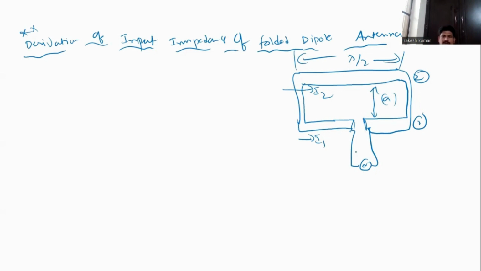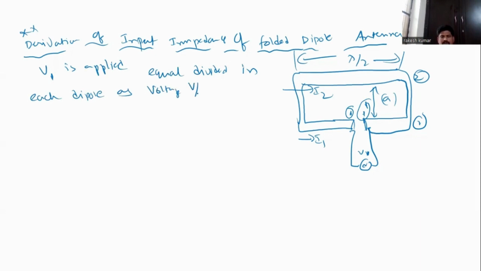Let us apply a voltage V1 at the terminals 1 and 1 dash, which gets equally divided, so each dipole has voltage V1 by 2.